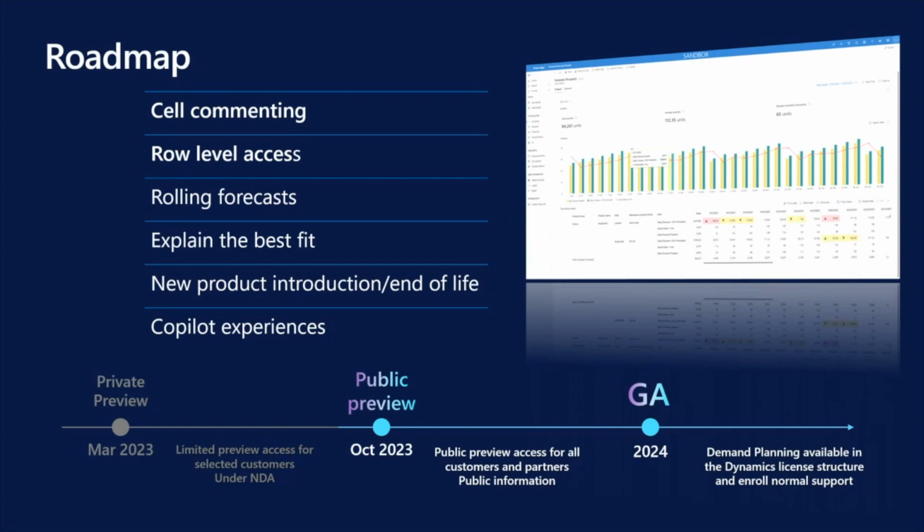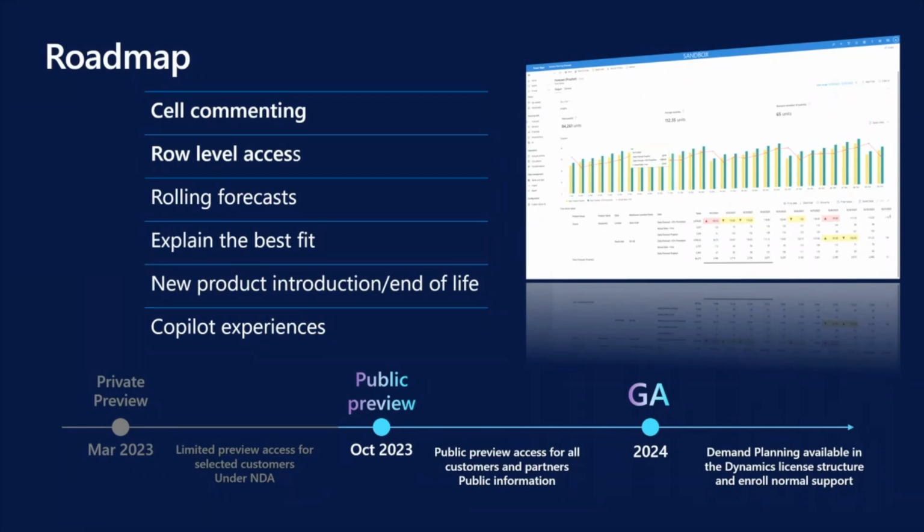In the same way, rolling forecasts. When forecasting is a continuous process in most enterprises, going forward, having a process of calculations, transformations, reviews, we want to have a more automated process that will help you avoid many manual steps that you would have to do as the app is today.